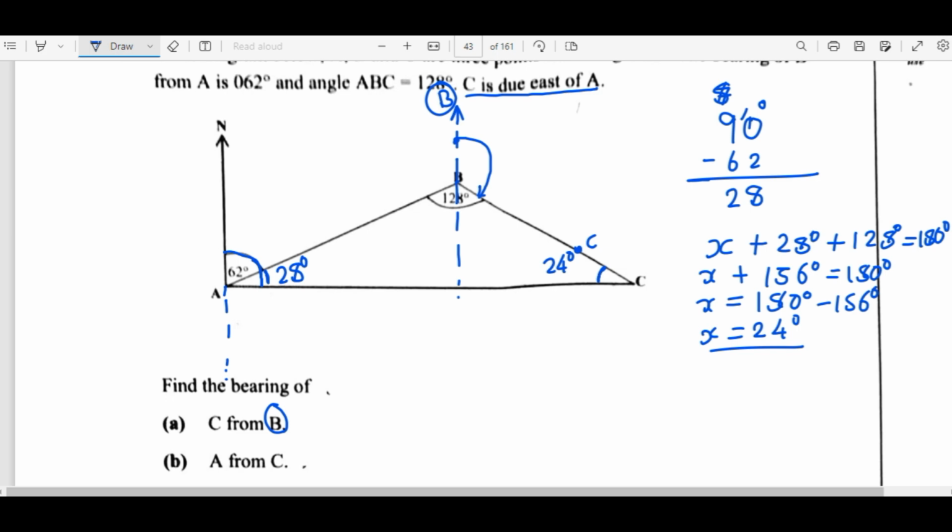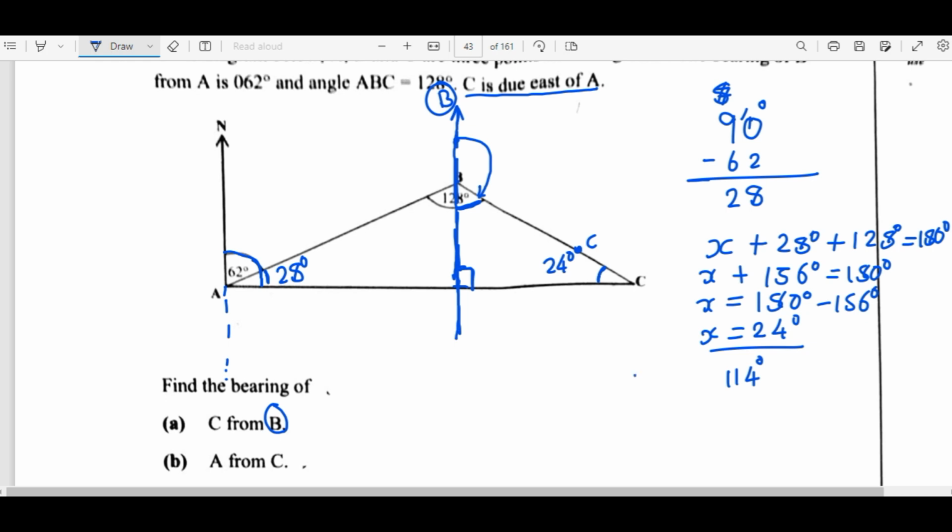What we know is that the straight line here is equal to 180. We know that this line and this line are perpendicular, so here we have 90. So if we have 90 plus 24, we can find this angle, then subtract it from 180 to get the angle we want. 90 plus 24 gives us 114.